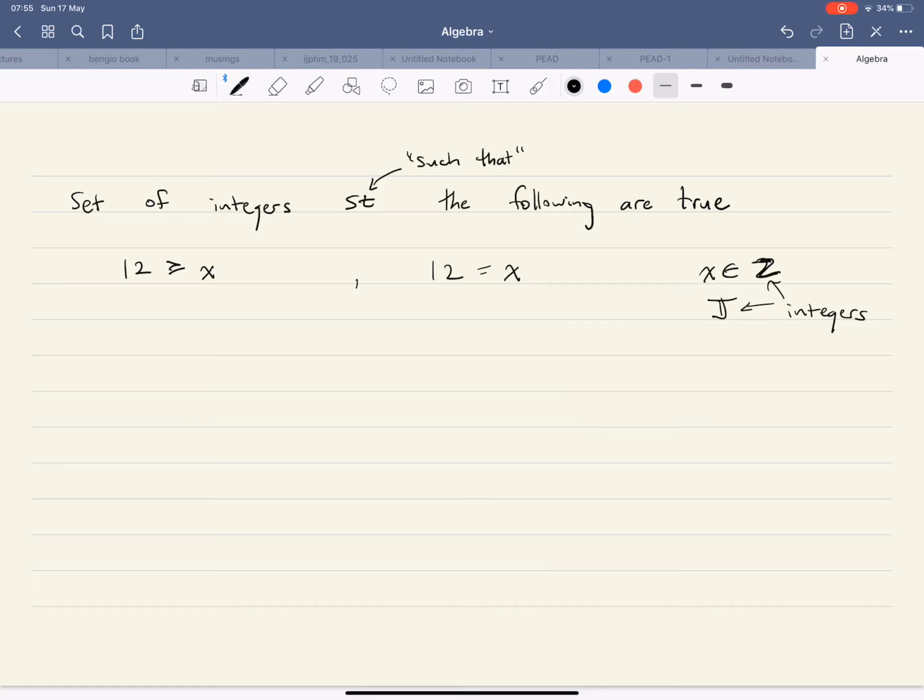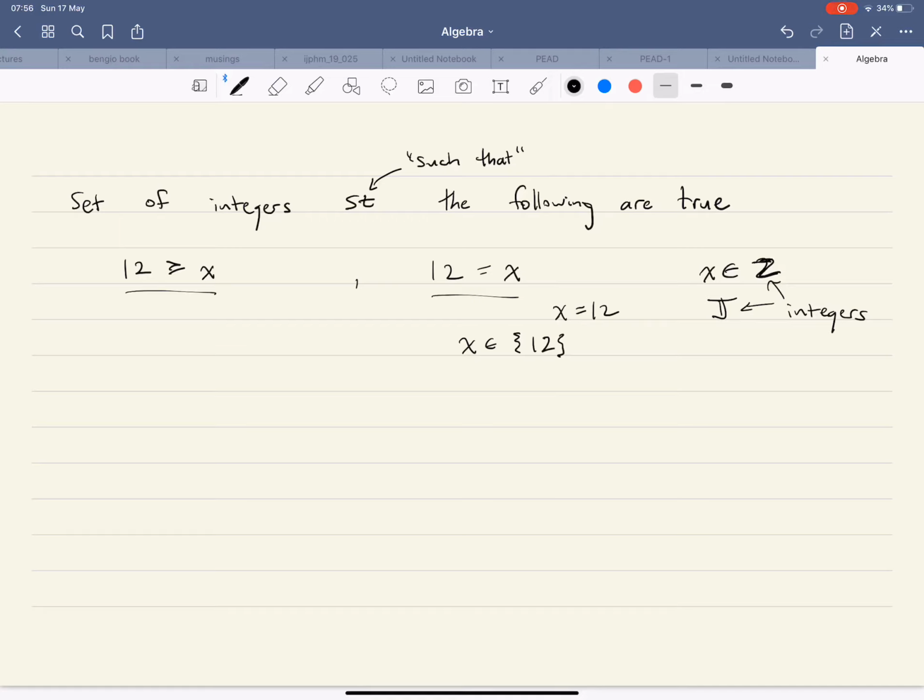Okay, so that's the domain for x, it's integers, and I would like the set of values for x that satisfy these two expressions. Well, over here on the right, 12 equals x can only be satisfied for x equals 12, right? So that means my solution set here is going to be x is in the set {12}.